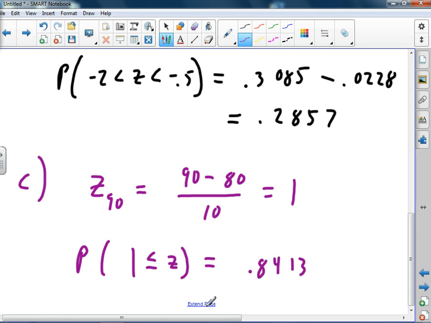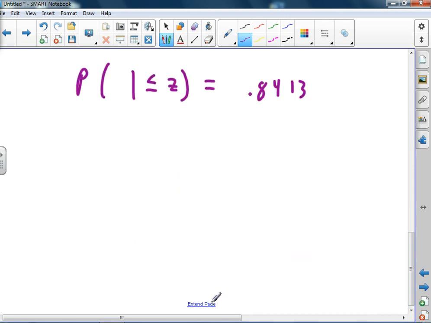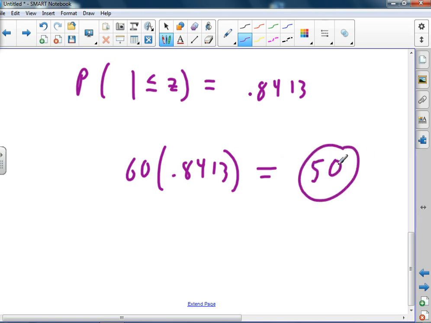There are 60 students. So 60 times 0.8413 is 50 students. We expect 50 students to complete.